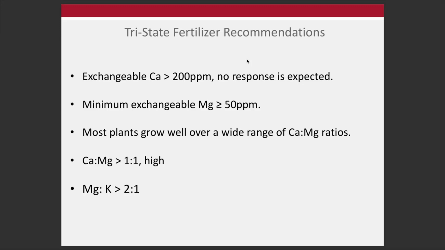The only thing the Tri-State does say, and it's unclear where this comes from, is that you should have at least a 1-to-1 calcium magnesium ratio, and that would be very difficult to miss. If you're maintaining pH, it would be very difficult not to get that. There's typically much more calcium than magnesium in soil, so a 1-to-1 ratio is a very low bar, and for magnesium to potassium, a 2-to-1 ratio.